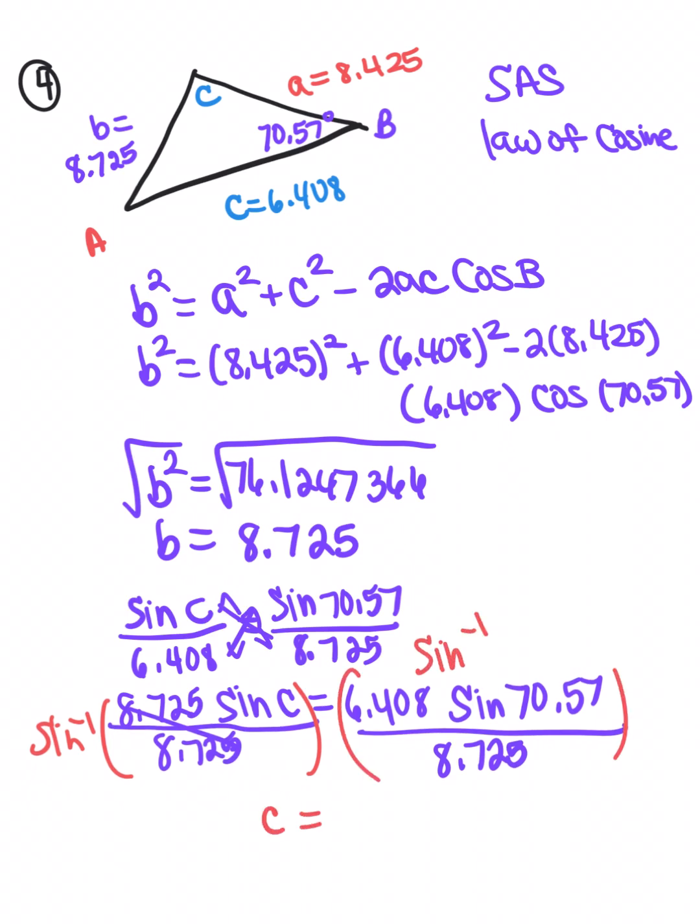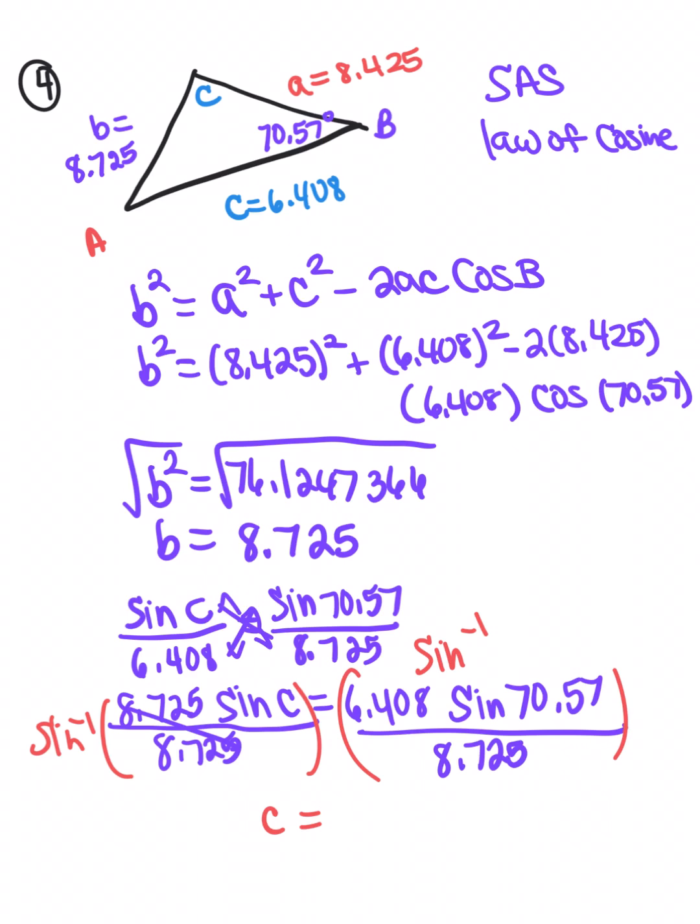So C equals, hit second, inverse sine, so you'll get the inverse function, and then hit your alpha y equals, so you have your fraction bar. If you don't have the fraction bar, just make sure you put enough parentheses in the problem. So we have 6.408 times sine of 70.57 divided by 8.725.